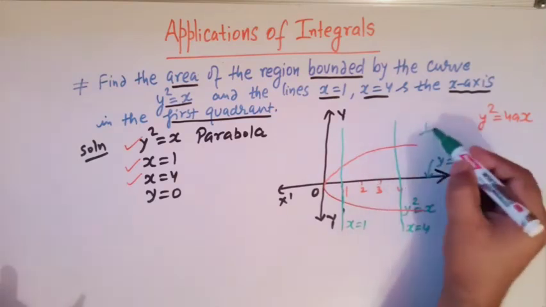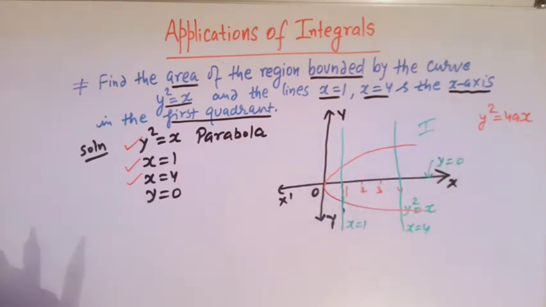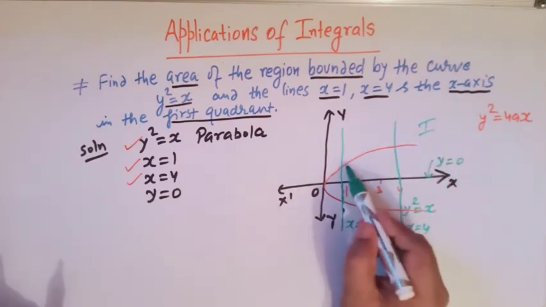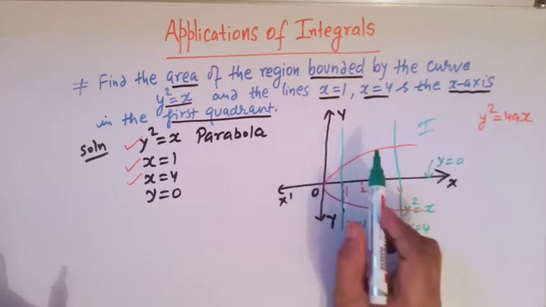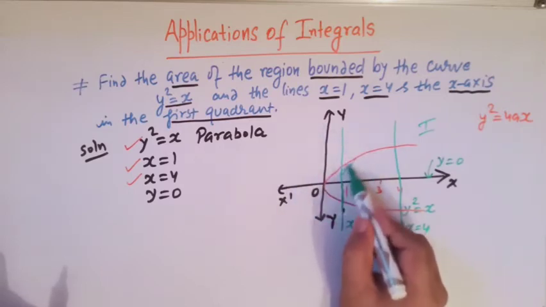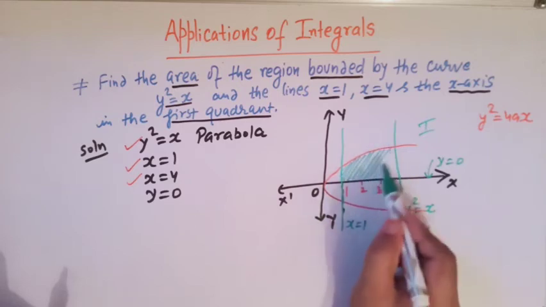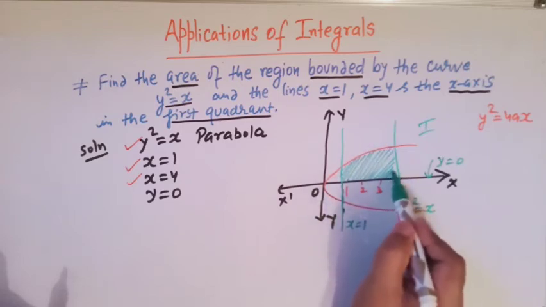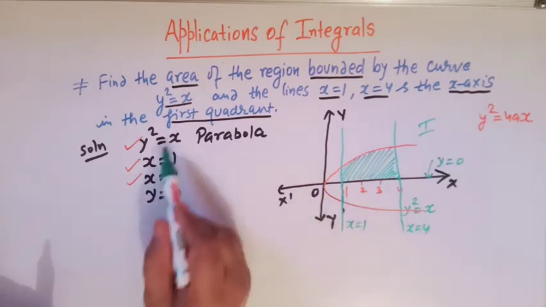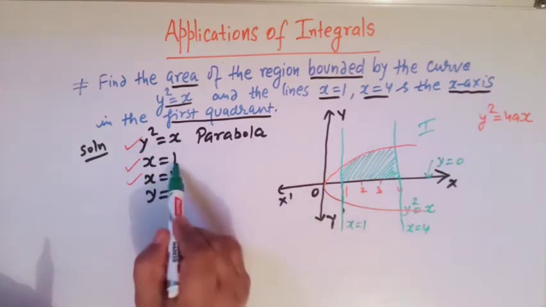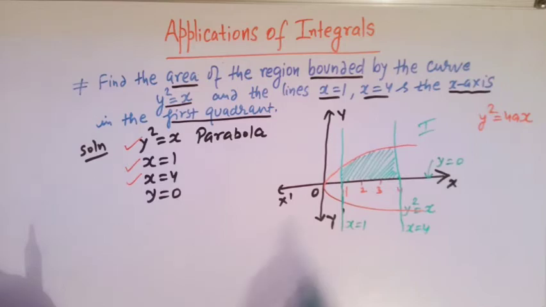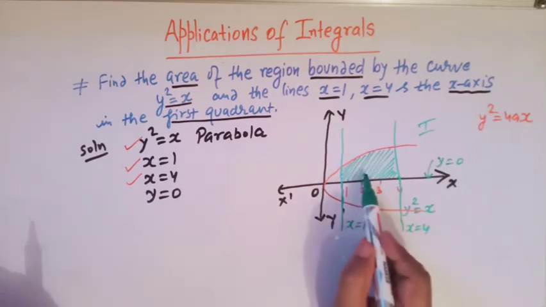So this is the first quadrant. So the required area is this. Clear? Which is bounded by this curve, this curve, this curve and this curve. So we have to find this area, right?